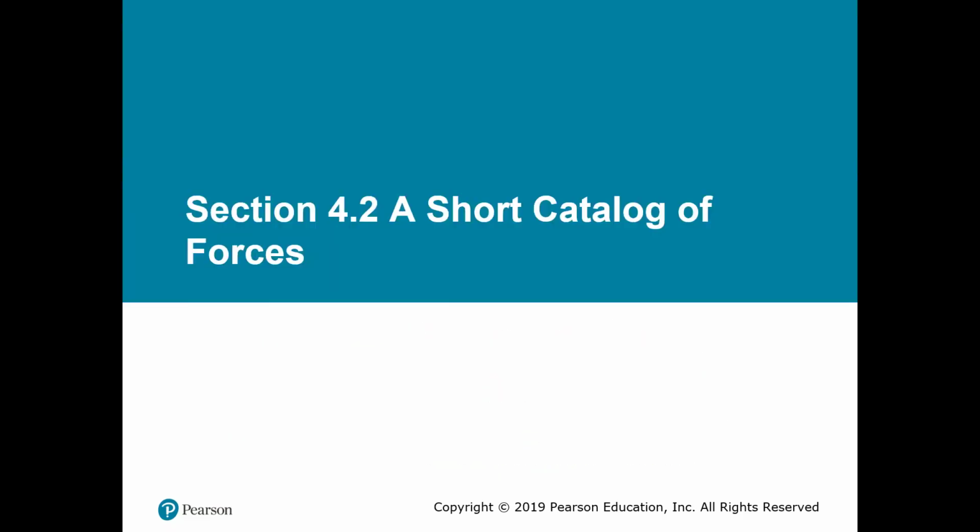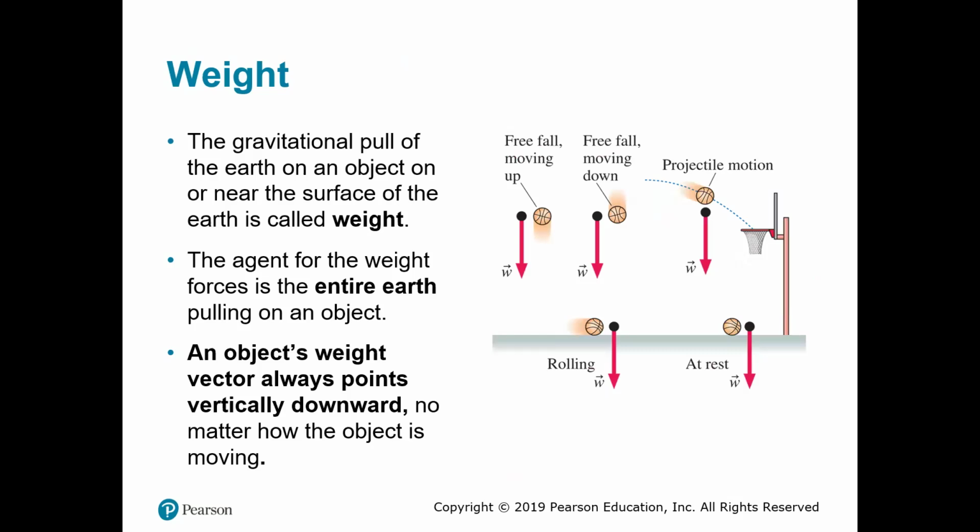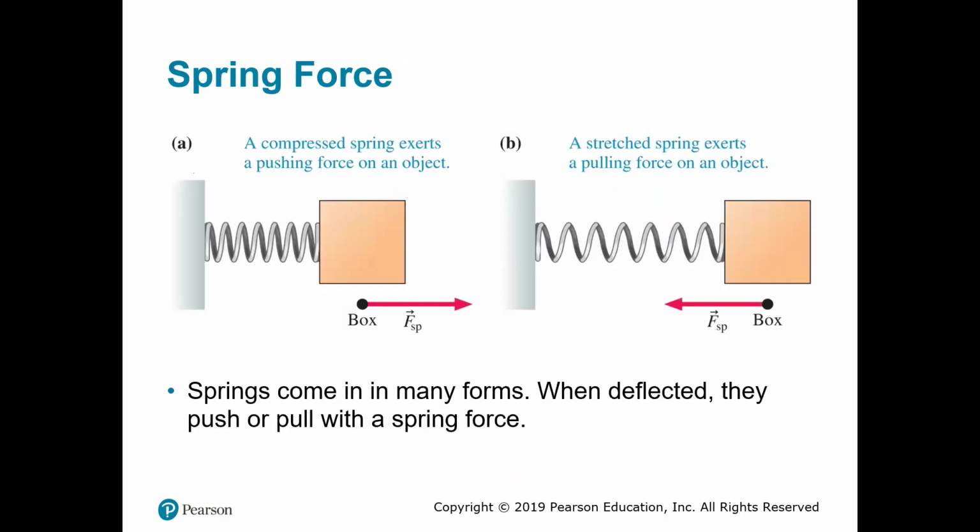And then the list of forces. The first force you will see is weight, right? In other words, the earth is pulling an object downwards. Its direction is always downwards, or toward the center of the earth, right? And the spring force, we'll talk about it later, so we don't need to focus on it.